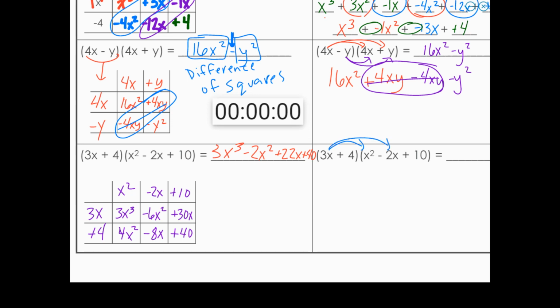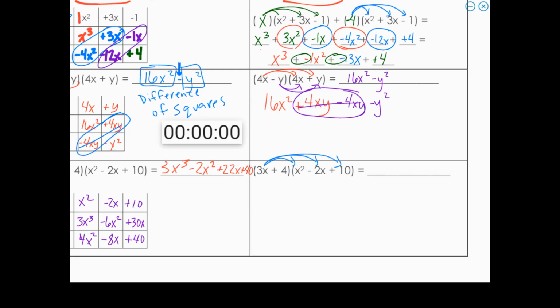Okay, if you distributed, you should have ended up with the same thing. And one fast way to distribute is to draw the arrows instead of rewriting everything. So if I draw my arrows, I would get the same thing, 3x cubed minus 6x squared plus 30x.